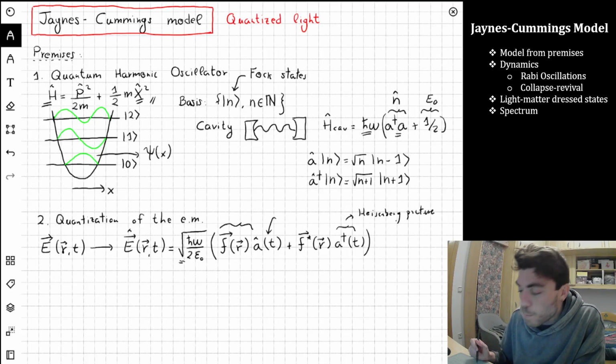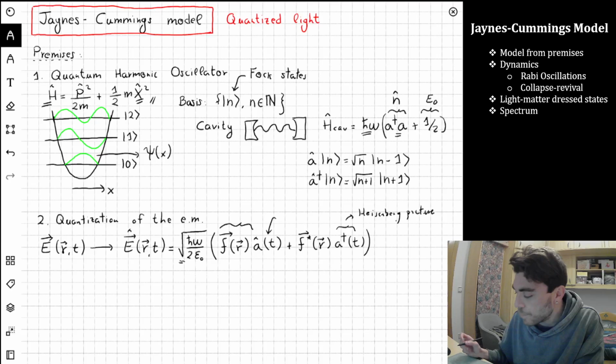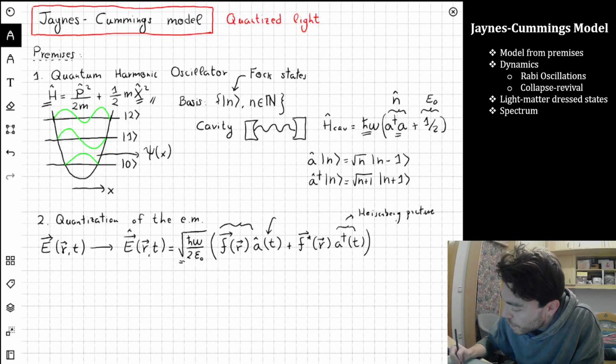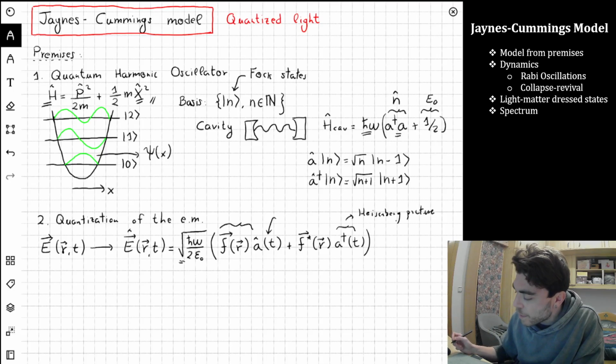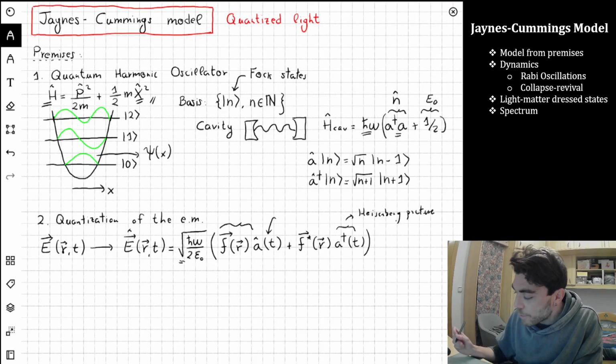And when you solve this model in quantum mechanics, which is done in the courses during the bachelor's or the master's, one finds that the eigenstates of this model are called the Fock states, or the number states. They are these states here, n, with n a natural number, and n is the number of bosonic modes, or the number of excitations, or in our case the number of photons that we are considering.